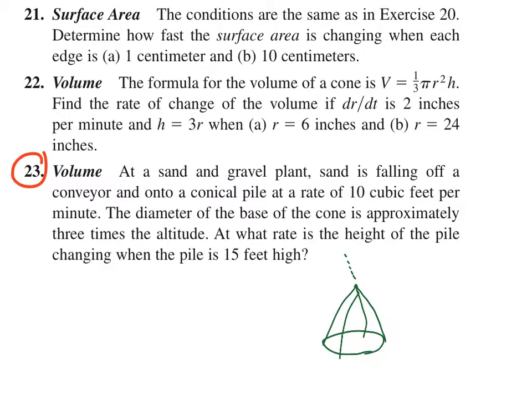But it's got a rate of 10 cubic feet per minute. So when you hear cubic feet, you automatically think volume. Okay, so how is volume, a cone, height, all of that related to each other? The volume formula, all right, that we used on that first example.